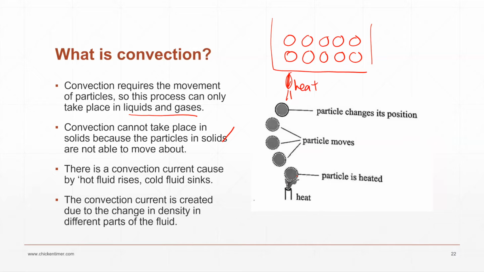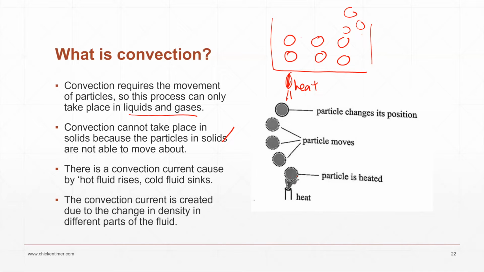When you heat this, these particles gain energy, so they will vibrate and they will move. When they move, they will become further away from each other. So from just now, that pattern may become further apart, and the rest of the particles probably went somewhere else.